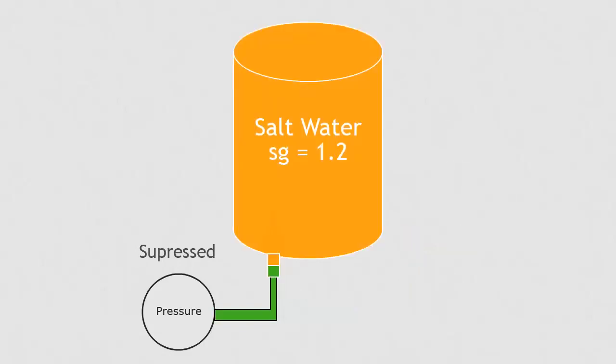This example shows a tank filled with salt water and has a specific gravity of 1.2. The capillary lines are filled with a fluid with a specific gravity of 2. With the suppressed 0 example, the transmitter is 2 meters below the tank.